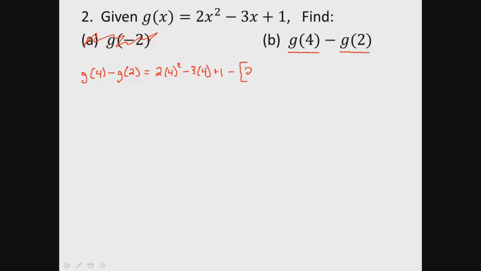So g of 2 is 2 subbed in for all the x's. 2 times 2 squared minus 3 times 2 plus 1. And I'm putting these big brackets here to show that this is the second one over here. Here's the first one. We could put this one in big brackets too if we wanted to. This one over here is my g of 4 minus my g of 2. Now I can start solving all this stuff.